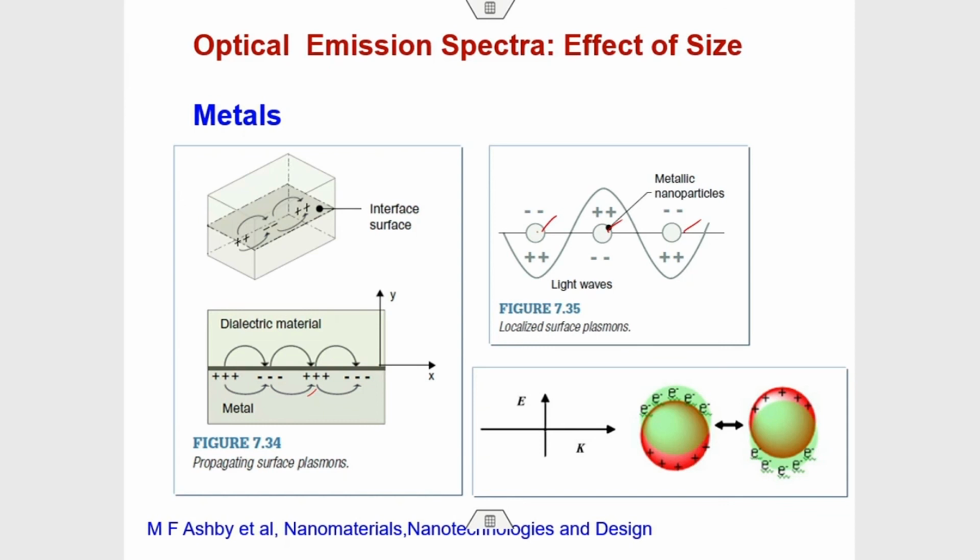And the second thing I discussed is the metals. As you know, many normal metals like gold, silver, copper, which have deep bands in the electronic structure, exhibit what is known as surface plasmon resonance. Plasmons are nothing but quantized waves which can propagate in the material because of the collection of mobile electrons.